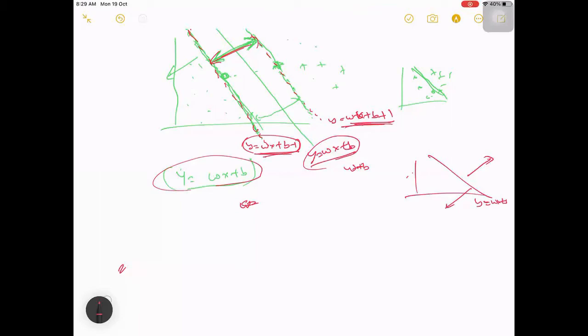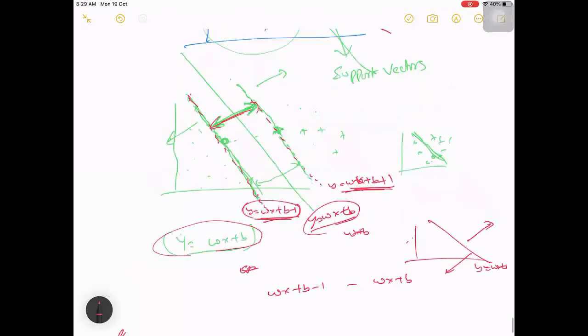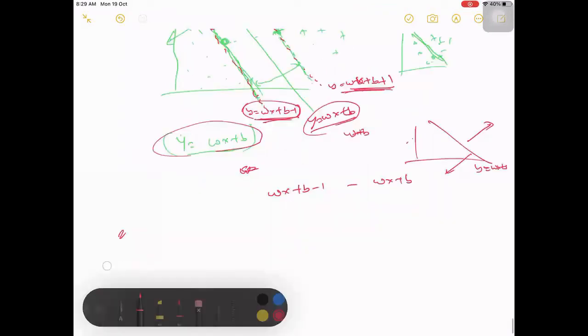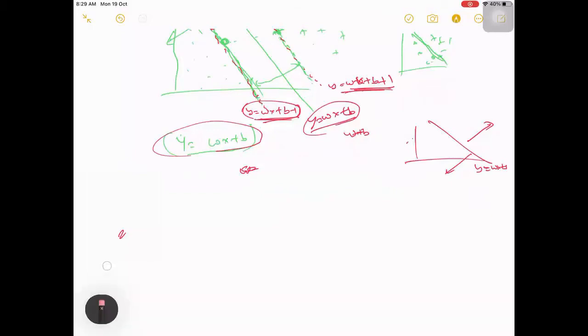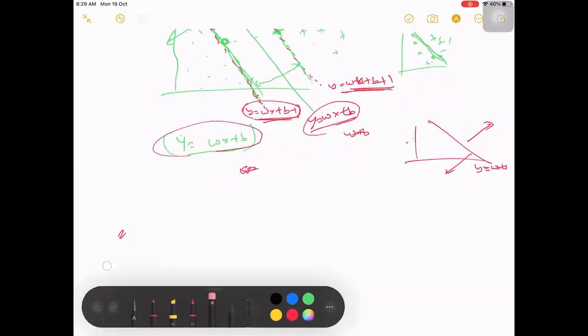What we should do is find the distance between these two lines, which will be wx plus b minus 1 minus wx plus b. It will be slightly different actually. Instead of directly doing it, we'll be normalizing it.